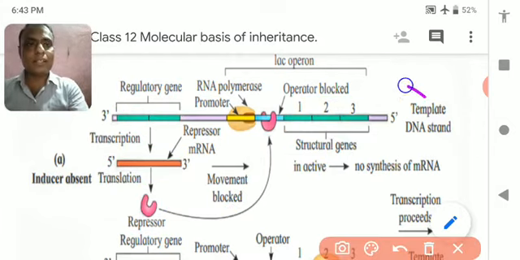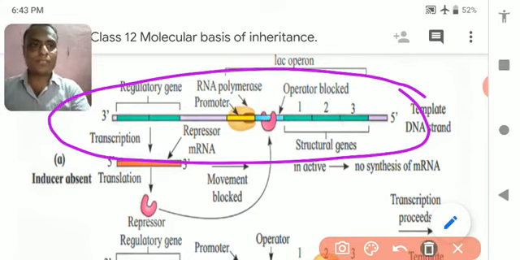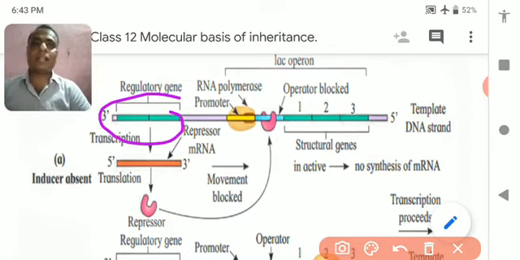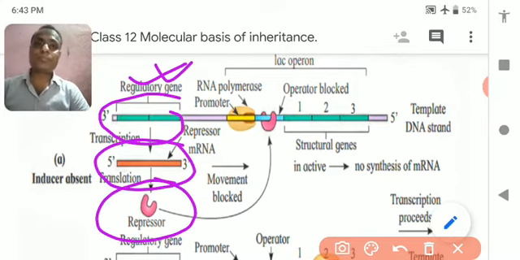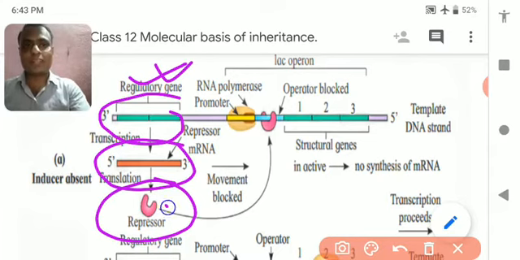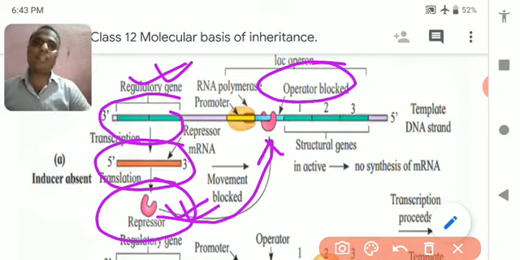It is totally a lac operon. Understood? So at the 3' end, the first gene present is the regulatory gene. These regulatory genes produce mRNA that is 5' to 3', and this mRNA produces a particular kind of protein called repressor, or repressin, and this repressin binds with the operator, and when the operator is bound, it does not allow the structural genes to produce a particular kind of protein. So a structural gene cannot produce it.